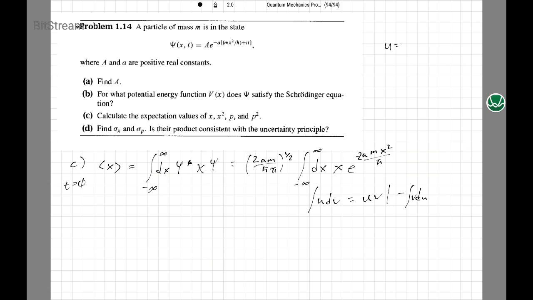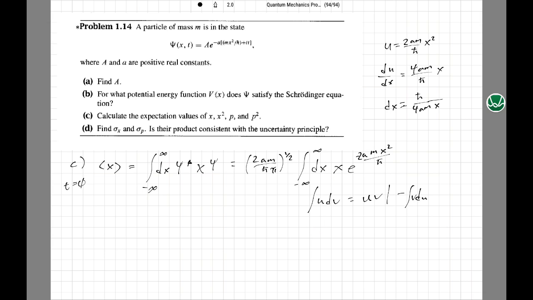So if you do this whole thing as u, then my du dx comes out to 4 am over h bar x, but then when I solve that for dx, I get h bar over 4 am x, and that cancels out my x.